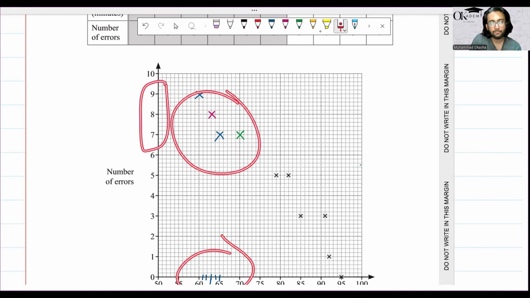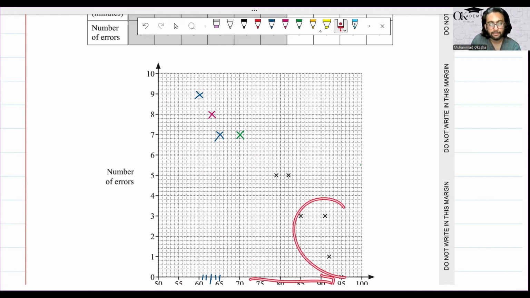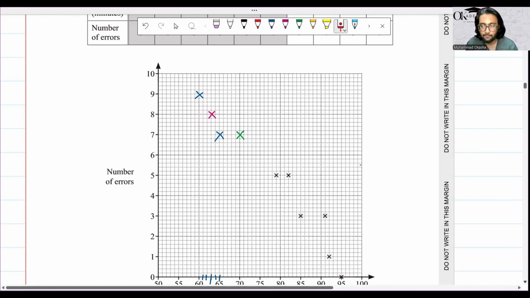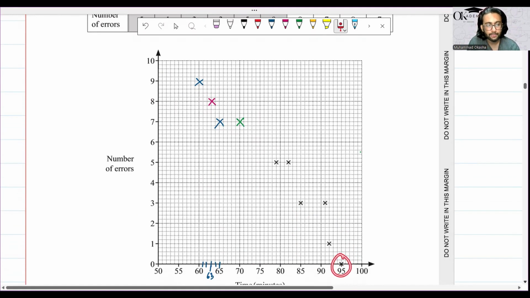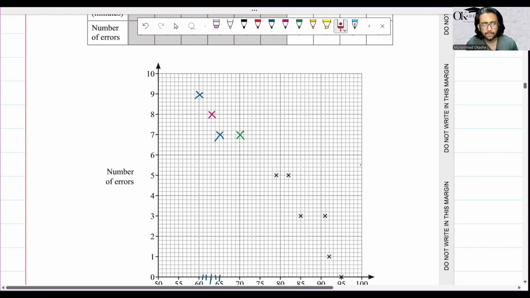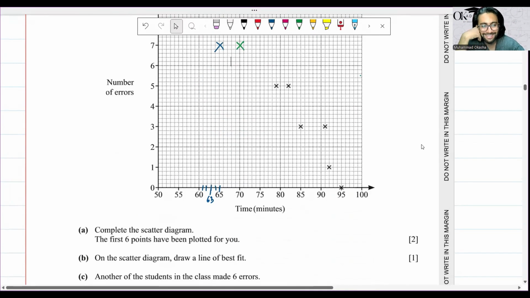But if you spend more and more time, the errors reduce. There's one point, if you spend 95 minutes, 0 errors. That kind of makes sense, right? The more time and effort you put into something, the more likely it is to be better.